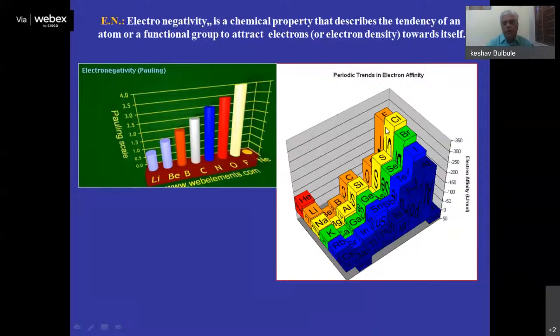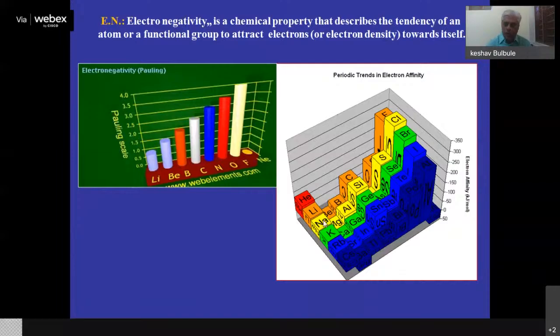In a simple way, if I have to say that from sodium to chlorine, electronegativity increases, it means chlorine has got greater capacity to attract electron towards itself, whereas sodium has got least capacity to attract electron or most capacity to lose electron. The capacity of an element to lose the electron, as you know, is called electropositivity, whereas capacity to attract an electron itself is called electronegativity.